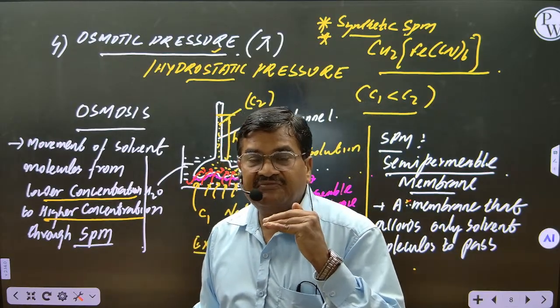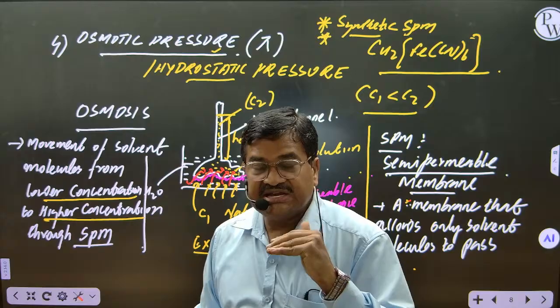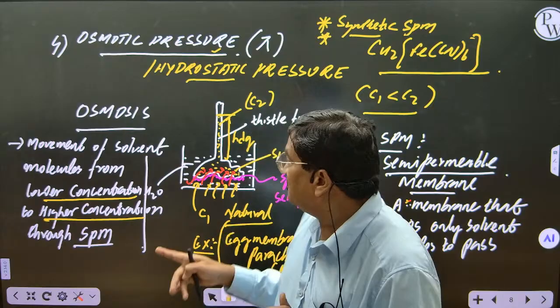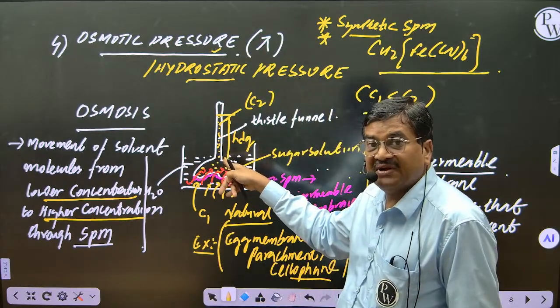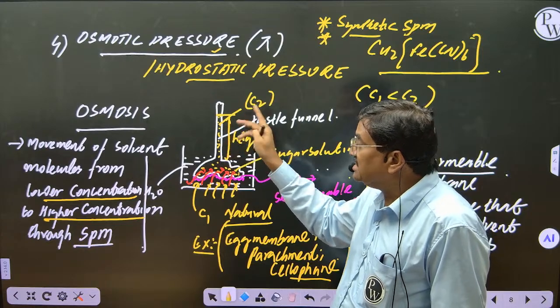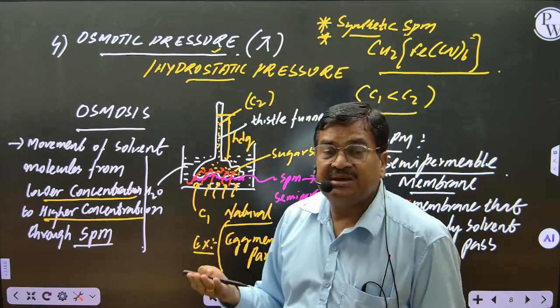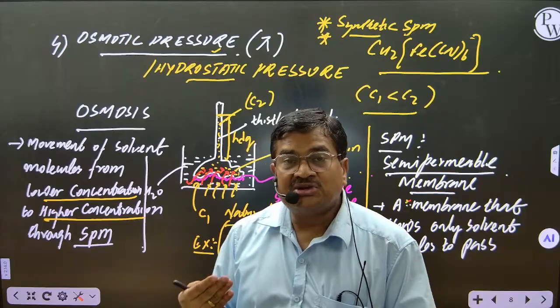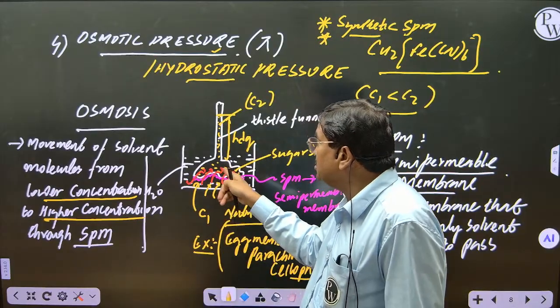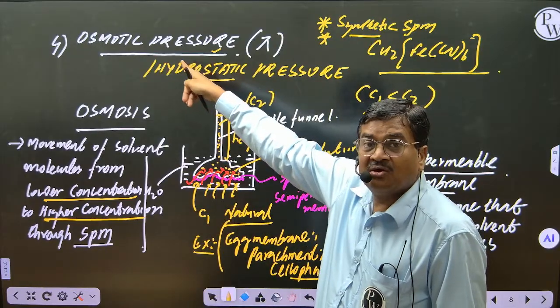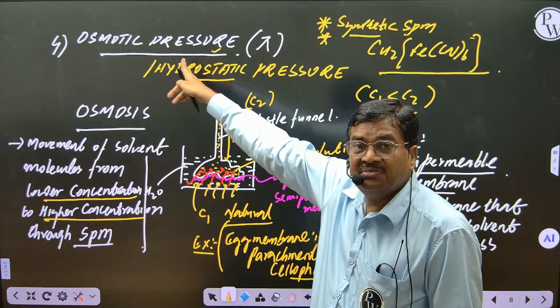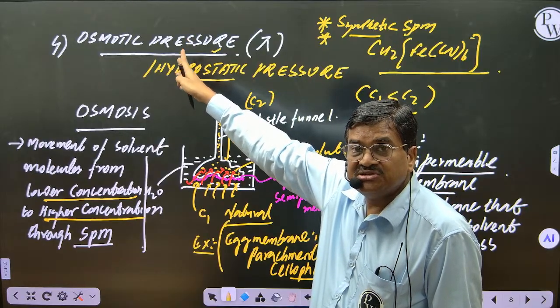So what we define for osmotic pressure? The pressure exerted by the solution, where that solution is inside this thistle funnel, which prevents the passage of solvent molecules to enter into the solution, and that pressure we are calling osmotic pressure. Understood students? So simple.